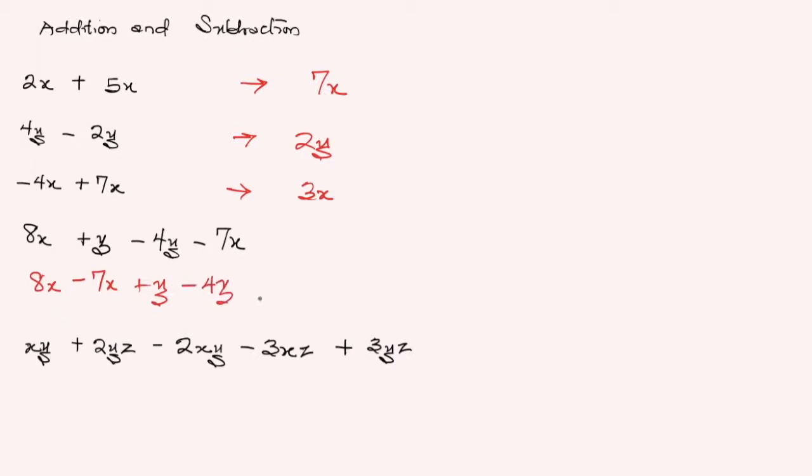So all the terms are here. All we've done is regroup like terms together, so it's easy for us to do our addition and subtraction. And so 8x minus 7x gives us x, and plus y minus 4y gives us minus 3y. So our answer is x minus 3y. We can't go further than this because we can't combine these two.